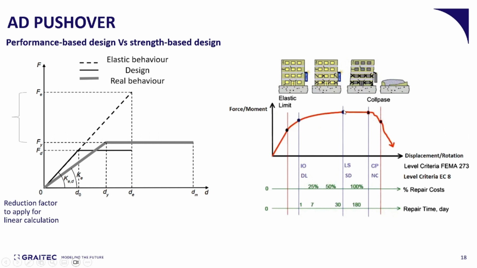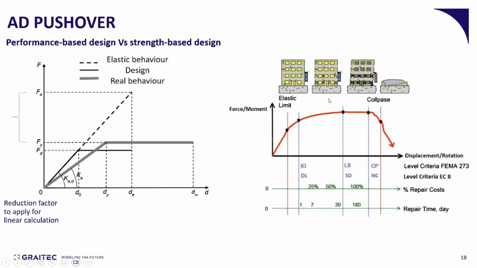On the second and third point, which is a quite widespread part of the curve, we have the structures for which we allow more serious damages. We don't mind repairing those damages.